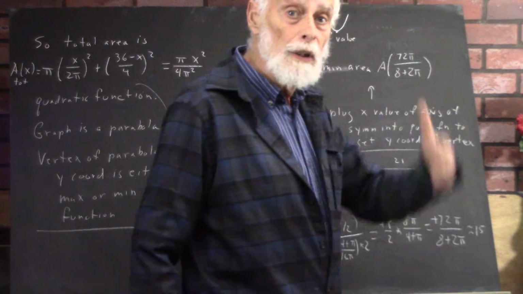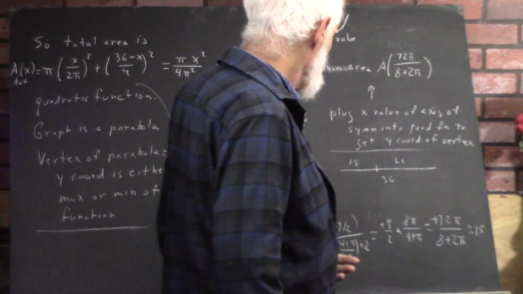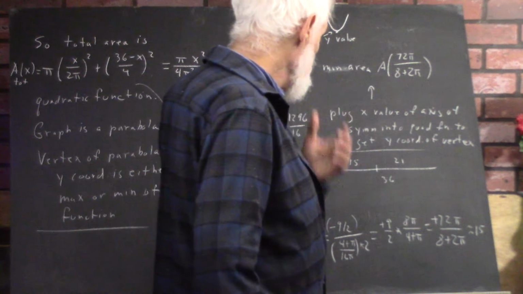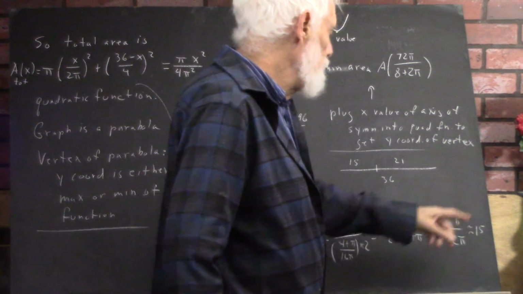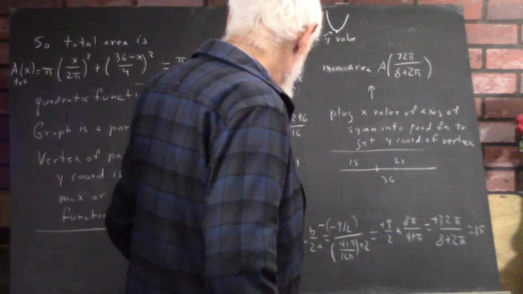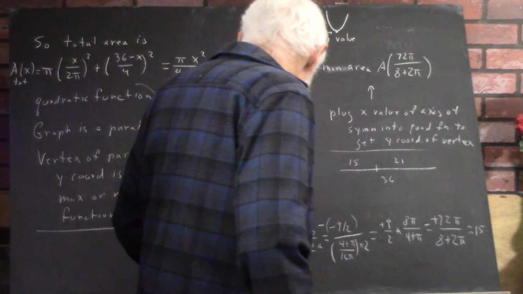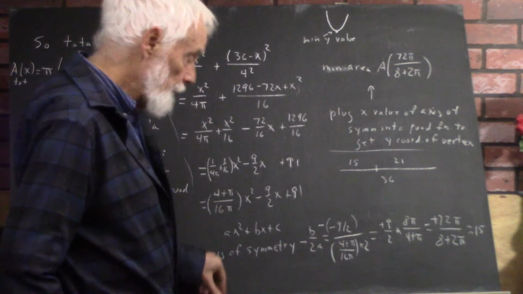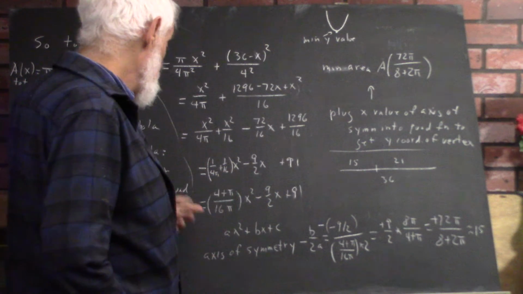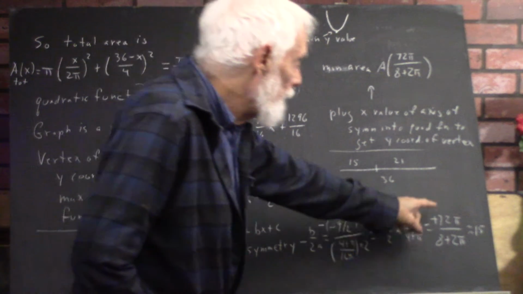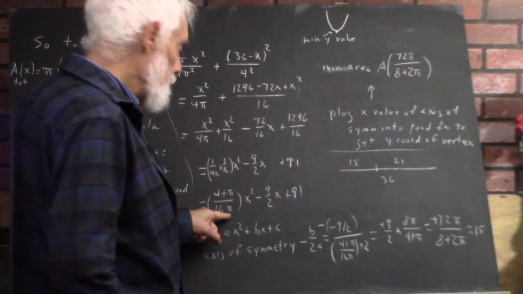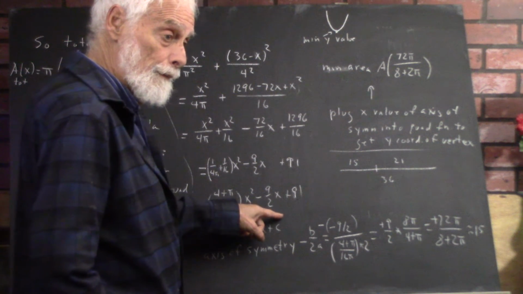To get the y-coordinate of the vertex, which is what we're ultimately after, I have to evaluate this function at the axis of symmetry. Got to be careful where I step. There are all kinds of obstacles here. So we have to plug in this result here for x.